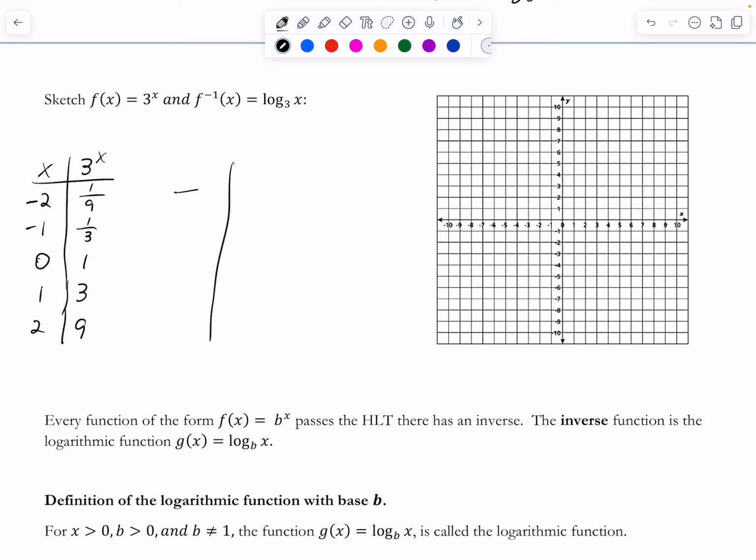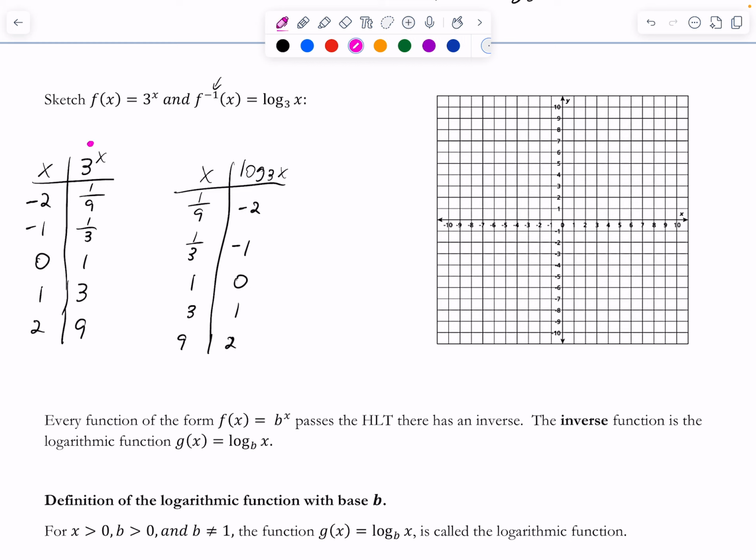To do the logarithm, log base 3 of x, those are inverses of each other. Notice the notation. We're going to switch the x and y's. So (1/9, -2), (1/3, -1), and so on. I'll put the first one on in pink.